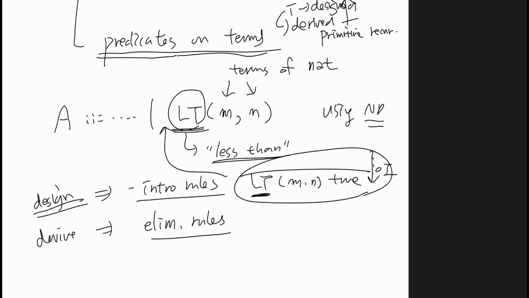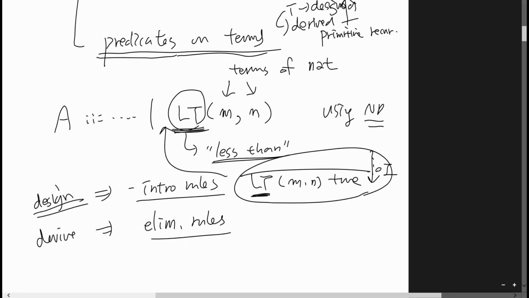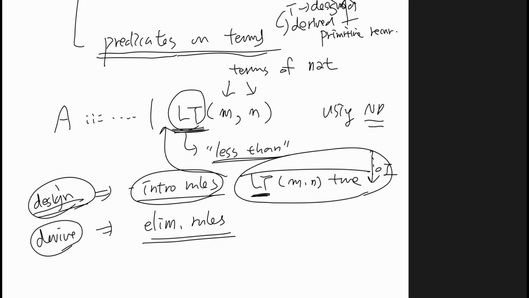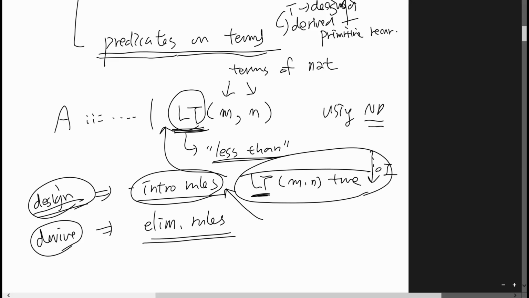And in the course of defining this new predicate, we will design these introduction rules and then try to derive corresponding elimination rules. So as you might have guessed, in Coq programming, you only provide introduction rules, and Coq will automatically derive these elimination rules.